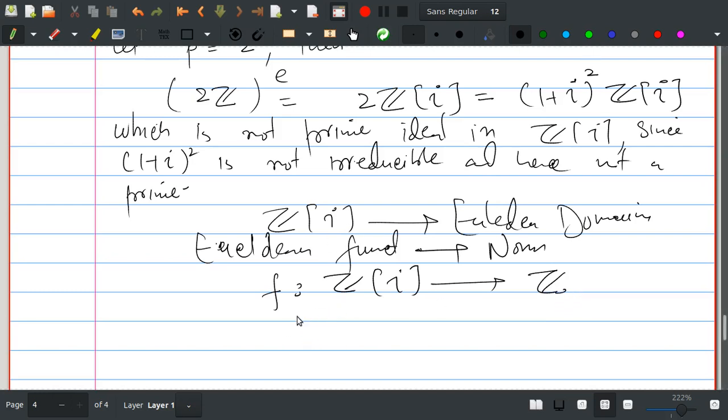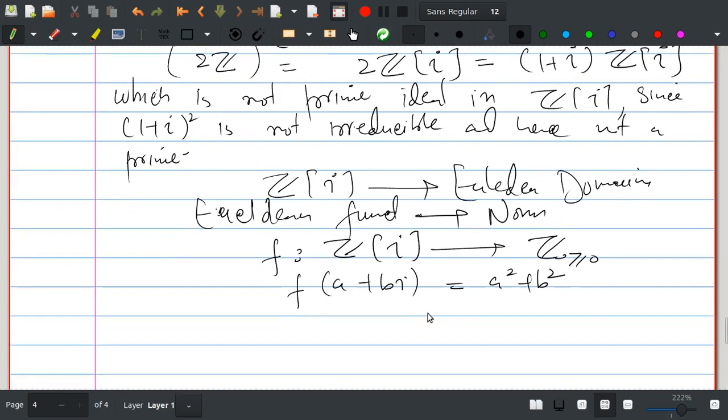Here this function is given as f(a+bi) equals a squared plus b squared. So this is the norm on the Euclidean ring of Gaussian integers.